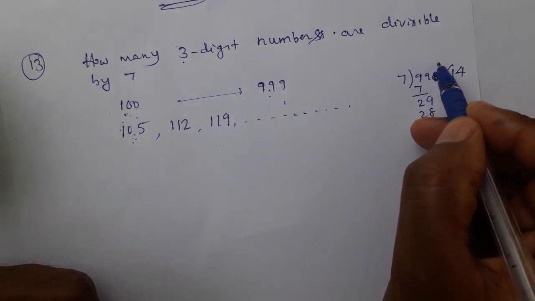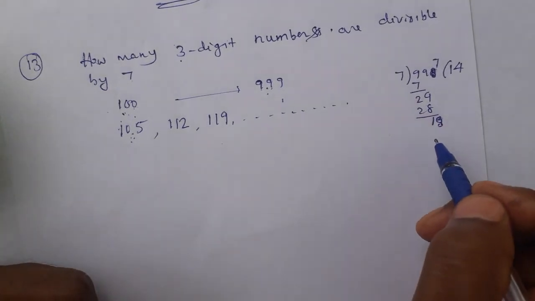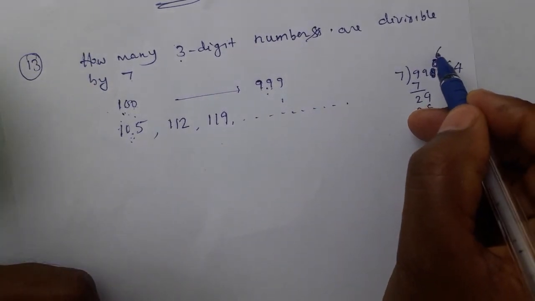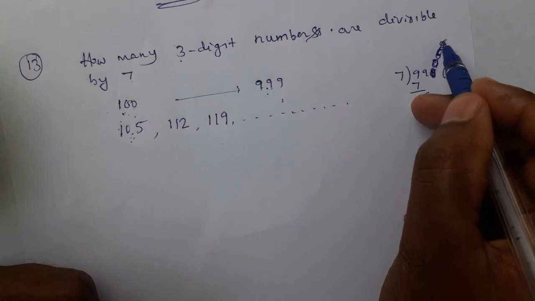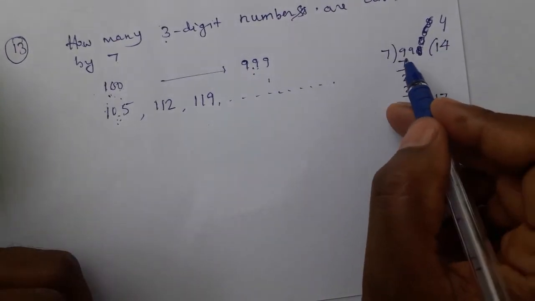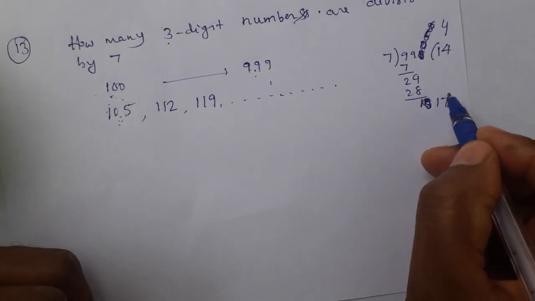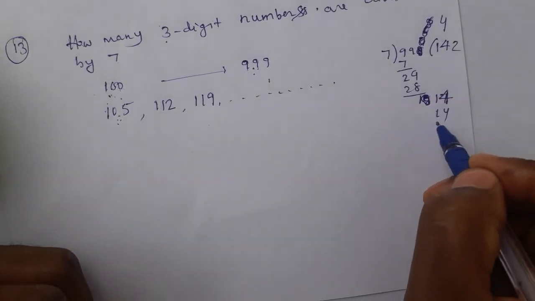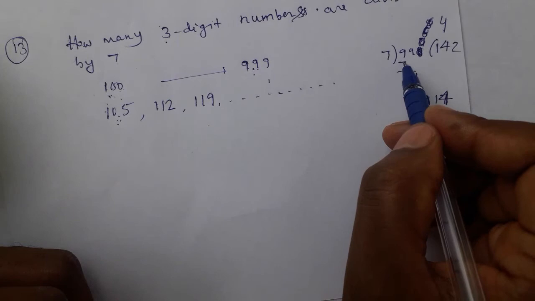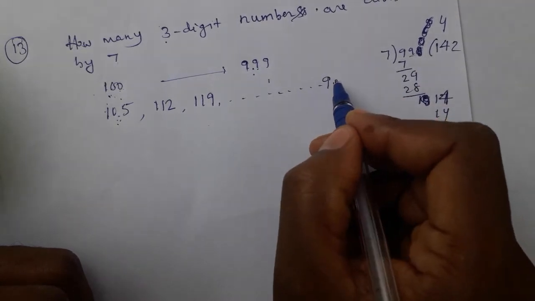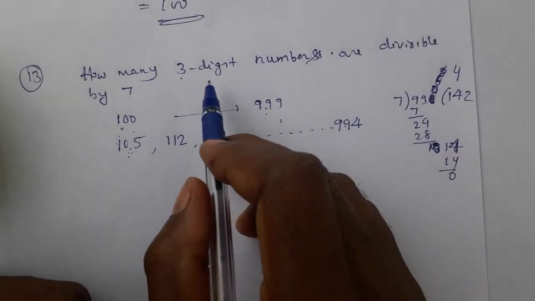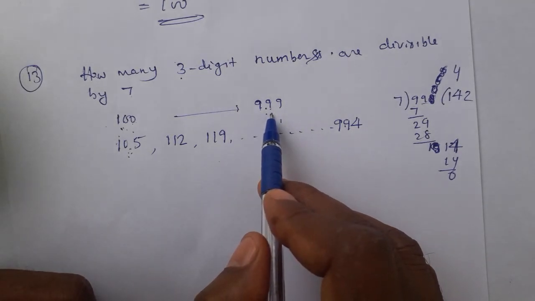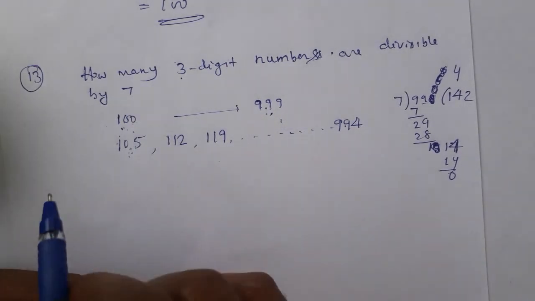Change 8 to 7, 17, no. 6, no. 5, no. 4: 994 gives 14, and 7 twos are 14. Divisible. So the last number is 994. Even though the three digit numbers end at 999, 999 is not divisible by 7.